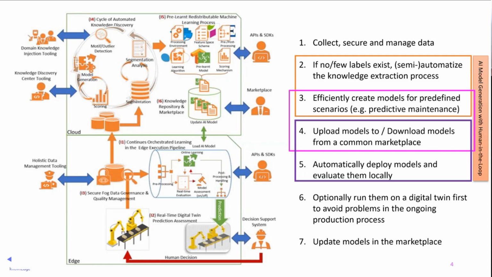And then the human will have a say, will have to give feedback, will have to evaluate the model, and then give feedback for development again before the model is published. And once the model is published, then the user can download, check the model, and deploy in their own system.